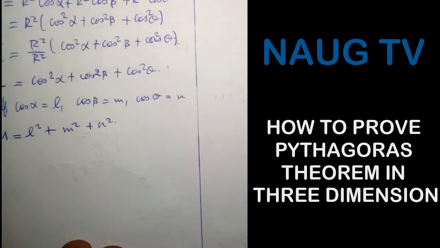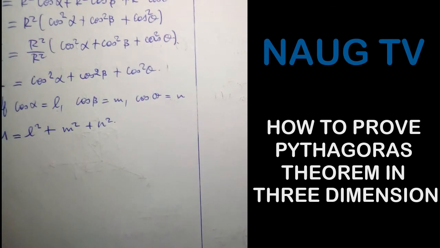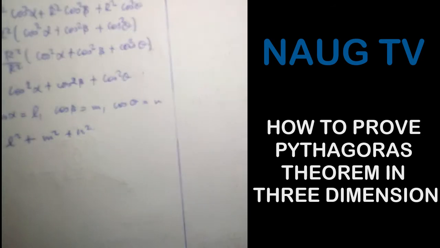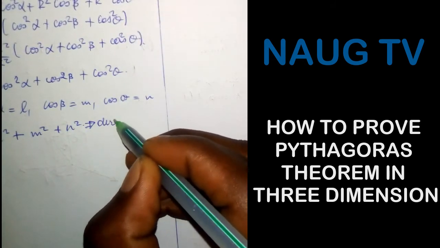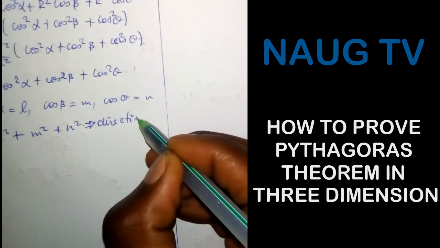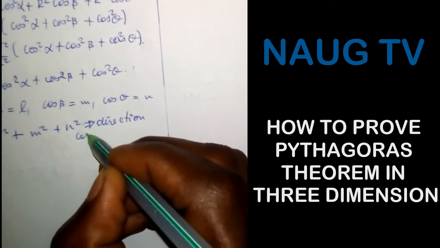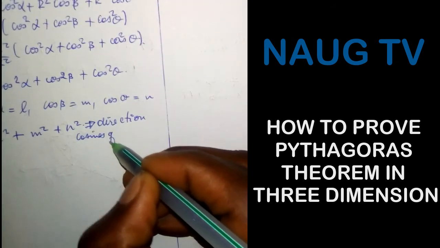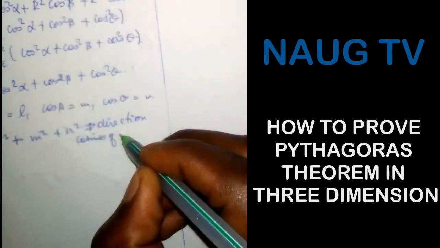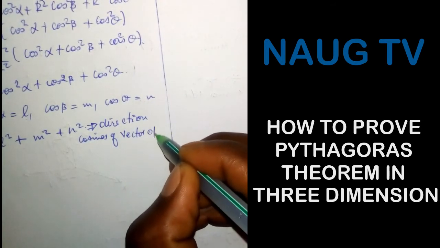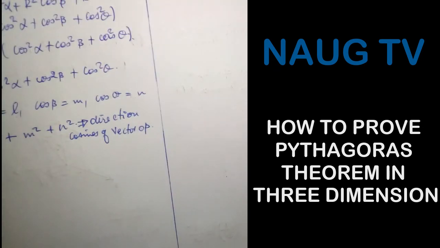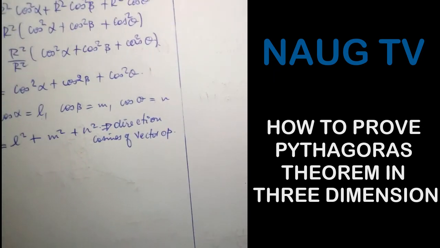So that is what is called the direction cosines of vector OP. Yeah, vector OP.